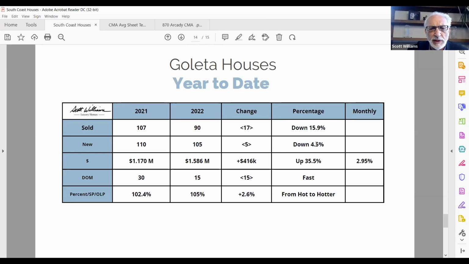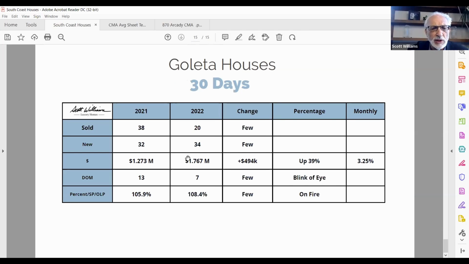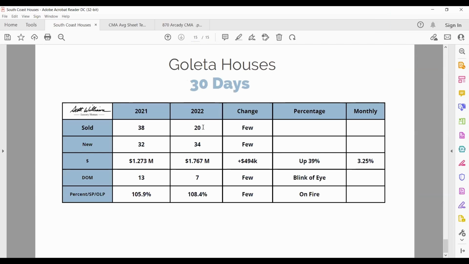That's over 4 months. But then in the last 30 days, you can see the number of homes sold dropped quite a bit. So that would imply that in just the last 30 days, the listings were up 2 and the sales are down 18 from last year.